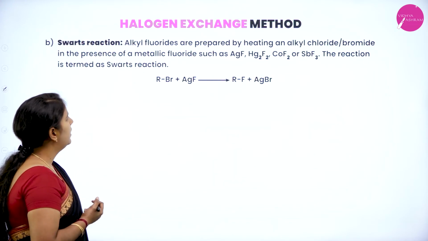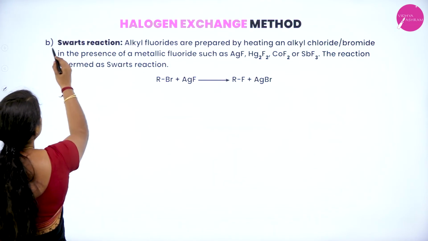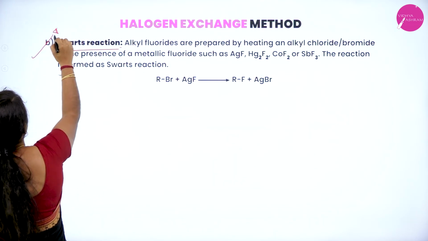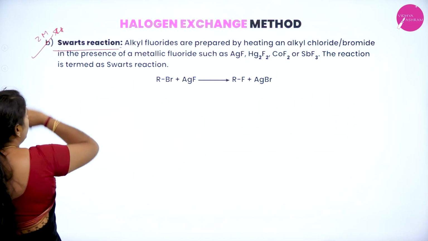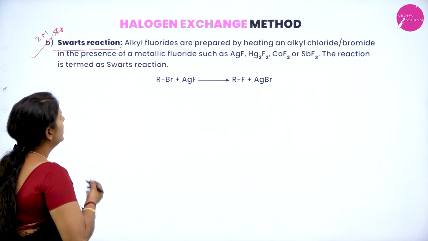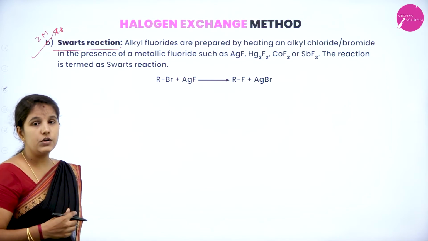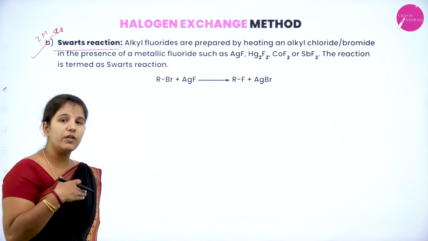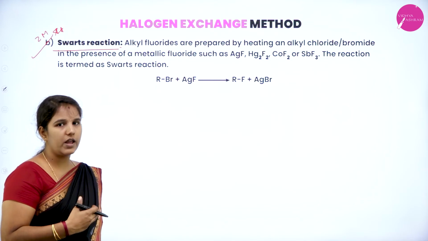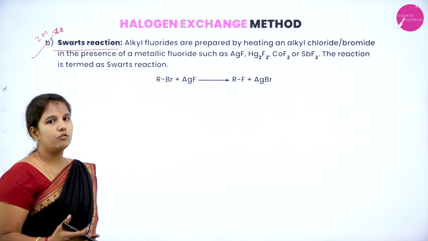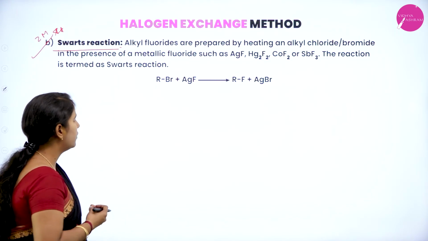Next, we have the Swarts reaction. Again, it is very important. It can be asked for 2 marks. In the Finkelstein reaction, what are we preparing? Alkyl iodides. Here, we are preparing alkyl fluorides.